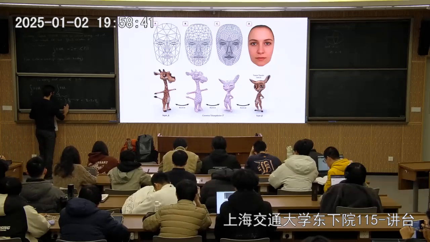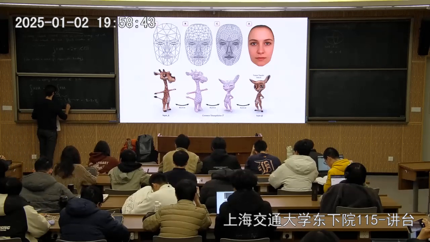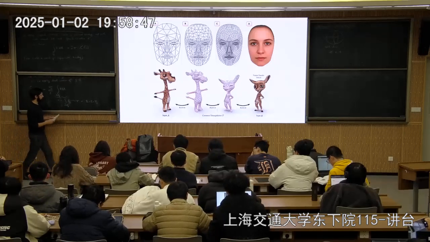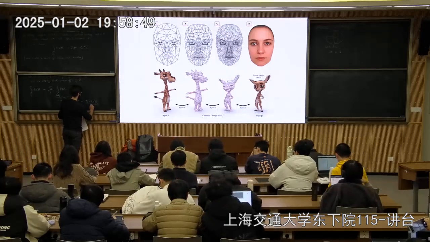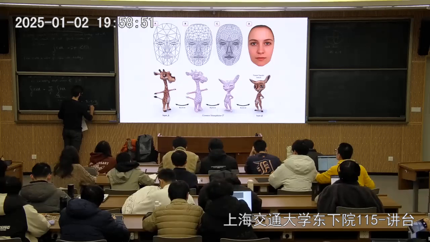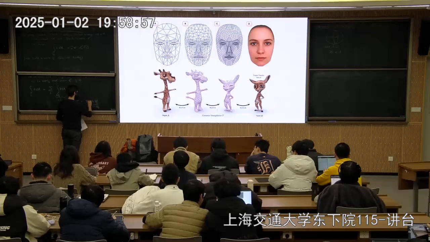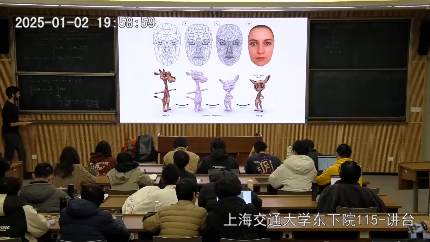So that's the boundary of the J-th triangle, and these are the angles in the triangle. So maybe we give them also a number J.